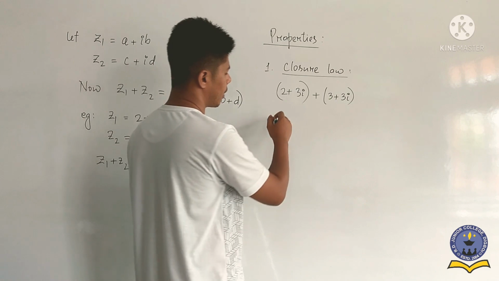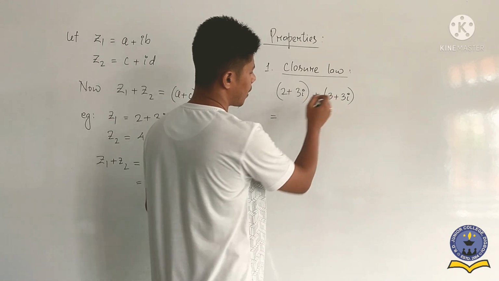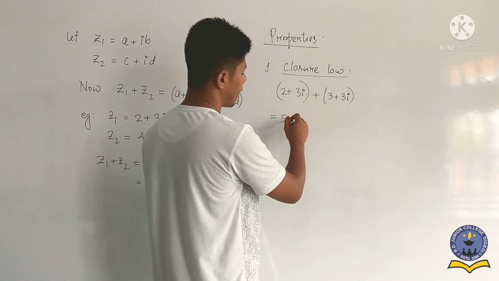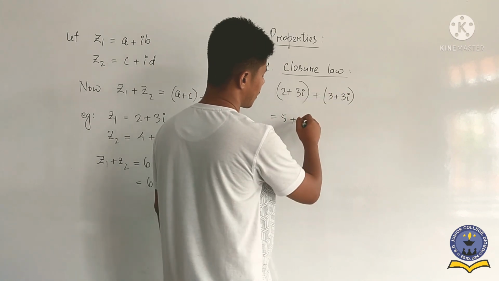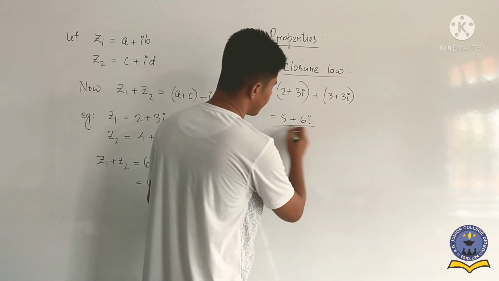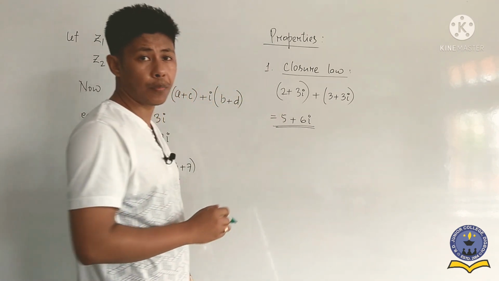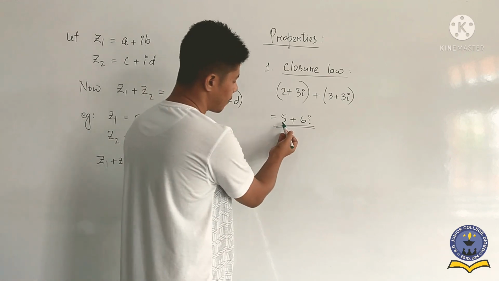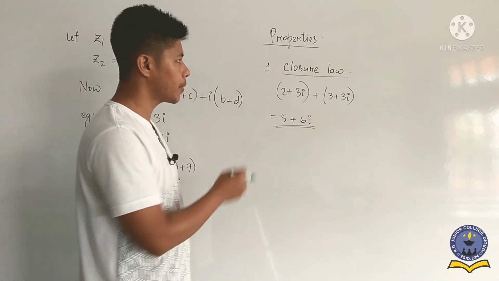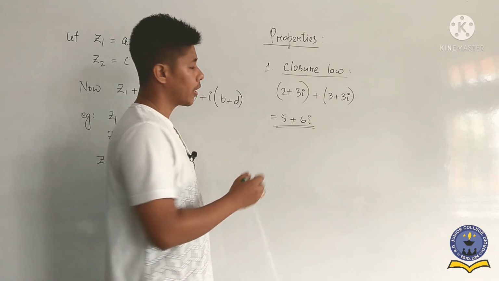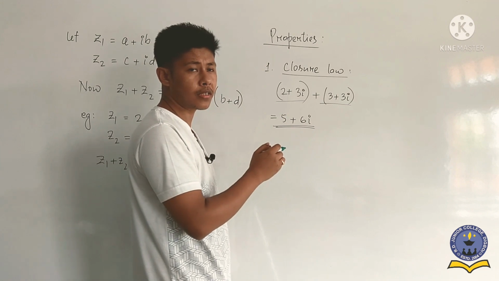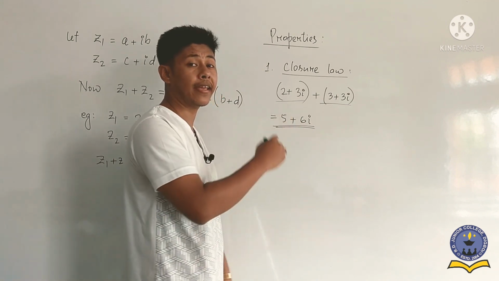If we add these two, the real parts give 2 plus 3, which is 5, and the imaginary parts give 3 plus 3, which is 6i. Now again, is this a complex number or not? 5 is the real part and 6i is the imaginary part. So what is the meaning of closure law? If we add two complex numbers, it gives us again a complex number.